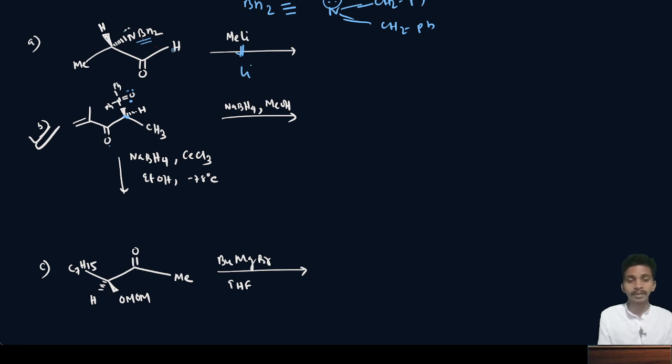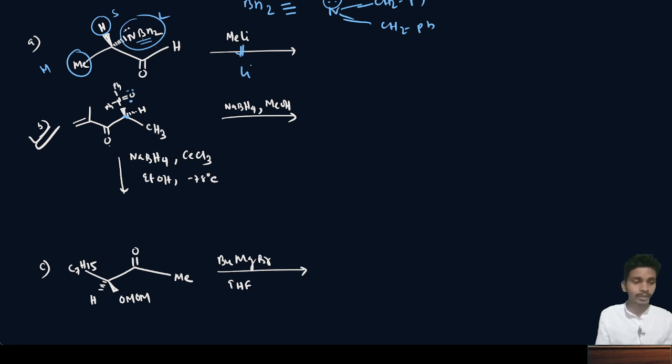So here it will not show the Cram's chelate model; we will use simply Cram's model. First we classify the groups: this is small, this is medium, and this is the large group. Cram's model says the large group has to be seen to the carbonyl group.